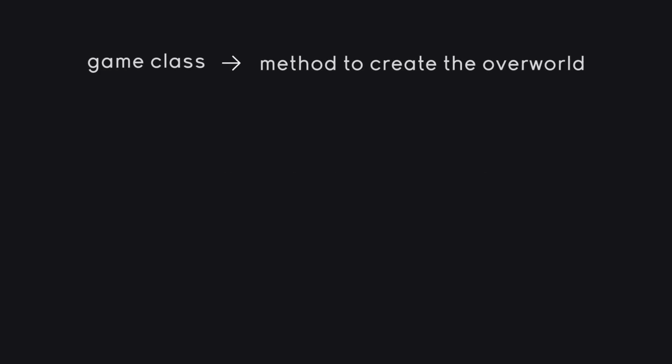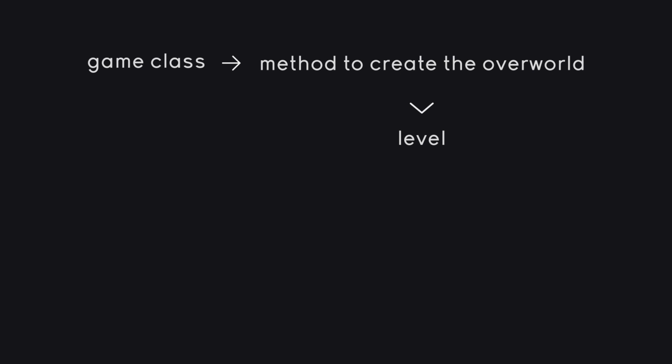So let me explain what I am going to do. Essentially, in my game class, I'm going to create another method. And this method is going to create a new instance, let's say in this case of the overworld. And this method we're going to pass into the level, and from the level we are going to call it. And that way we can create a new instance of the overworld class inside of game, but we can call it from the level, and from the level we can also pass arguments into this.